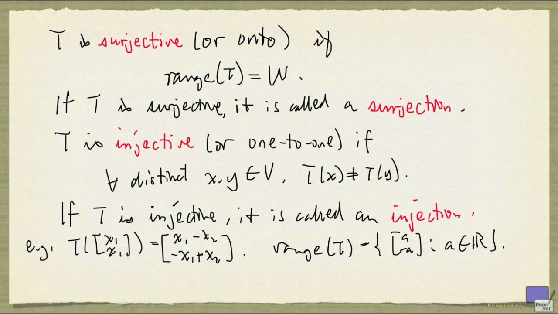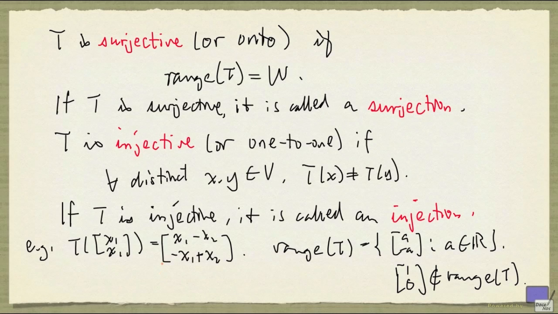It's not hard to see that because minus x1 plus x2 is precisely the negative of x1 minus x2. And so we can't possibly get everything in R2, right? Because, for example, (1, 0) is not in the range of T. So T is not surjective.